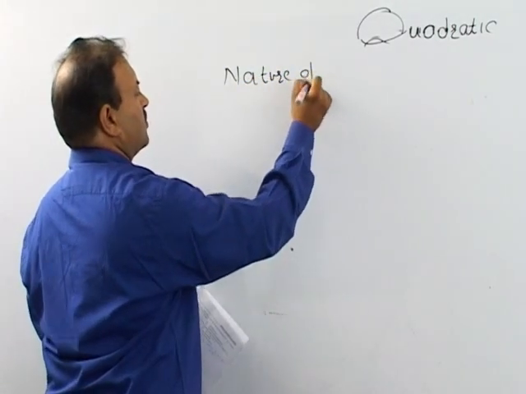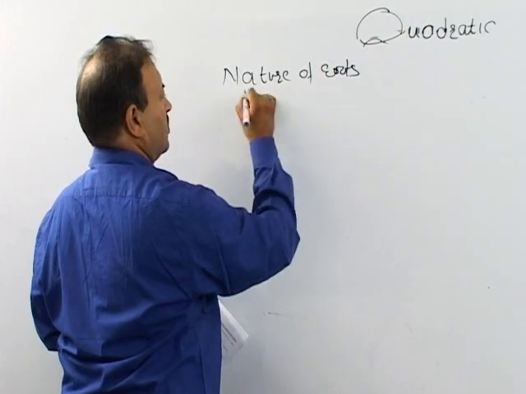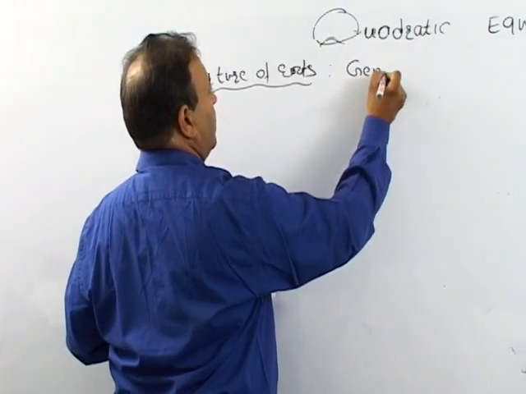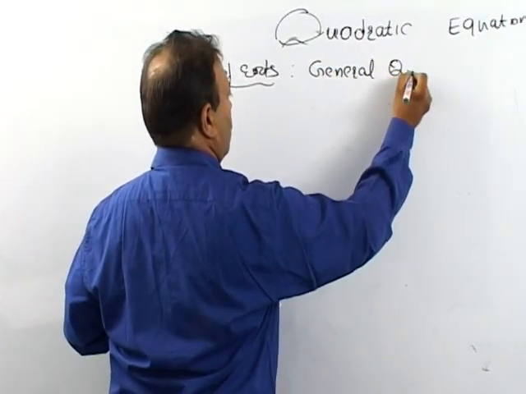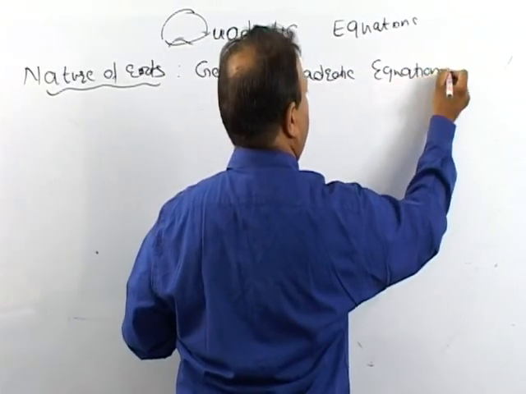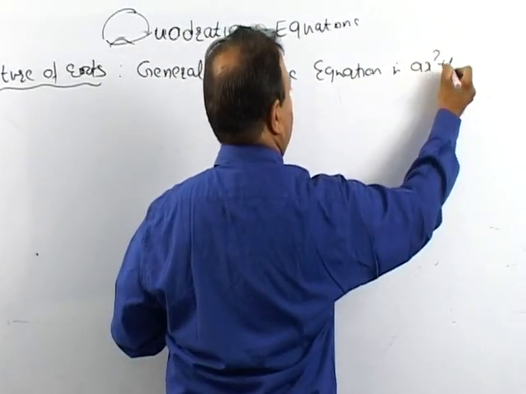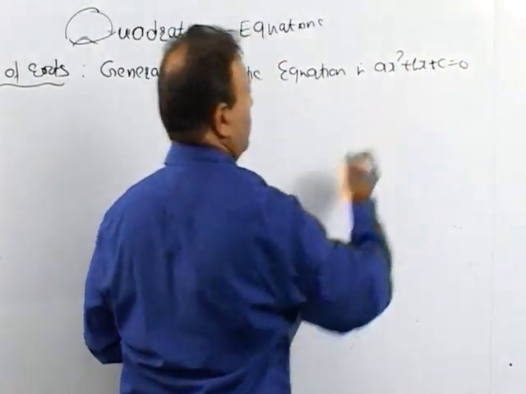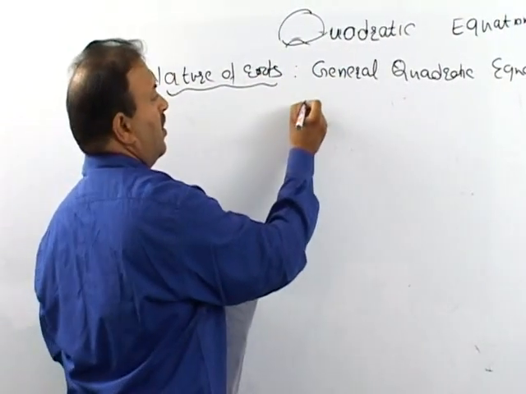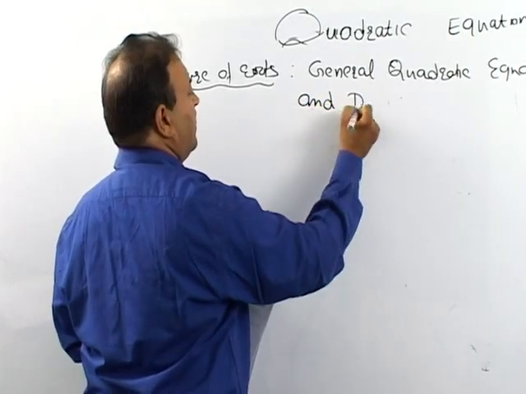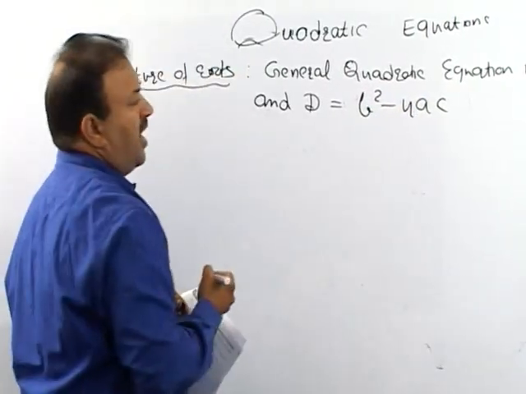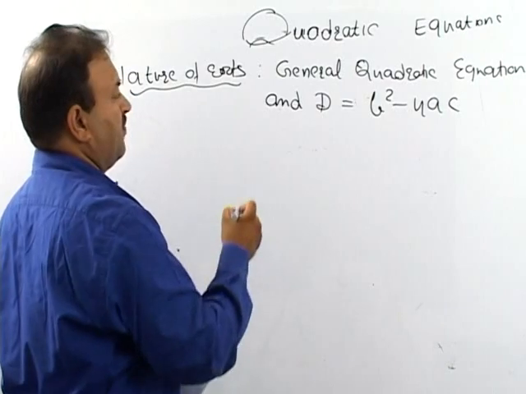The general quadratic equation is ax square plus bx plus c is equal to 0, and discriminant D is equal to b square minus 4ac.